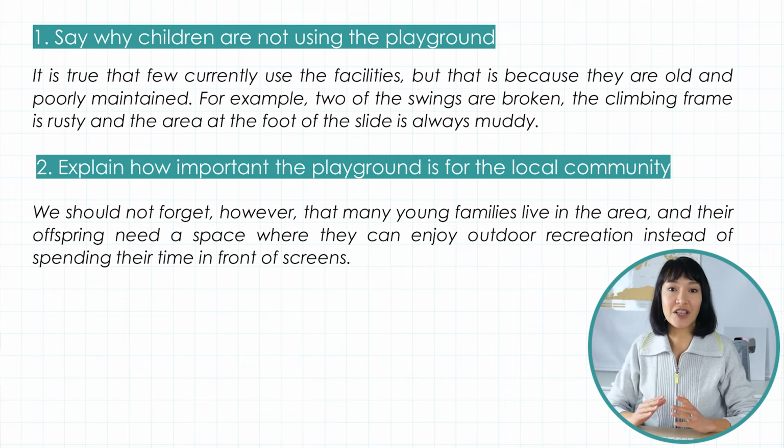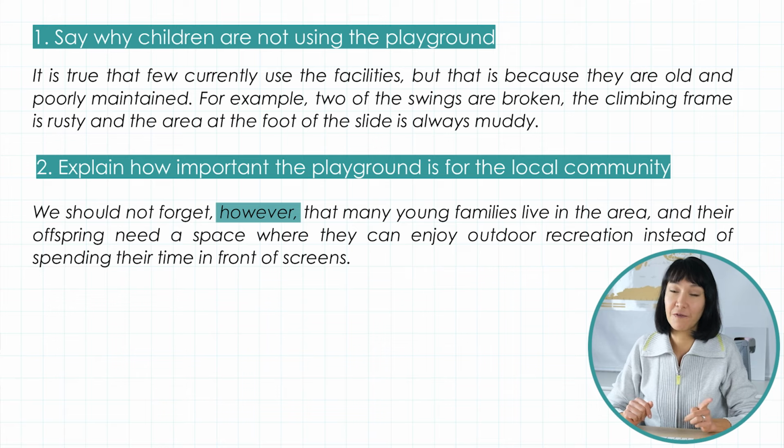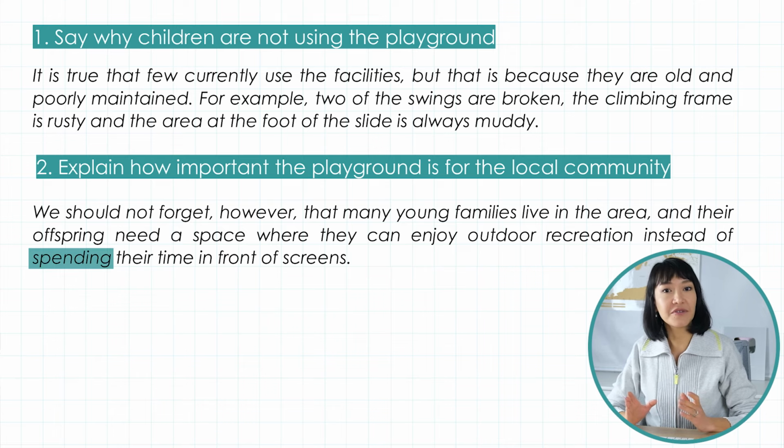Again, the grammar is complex and the vocabulary relatively formal. And we see the connector. However, please notice the punctuation, a comma before and after. There is also a gerund spending because it follows the preposition instead of. I've also tried to vary the vocabulary.